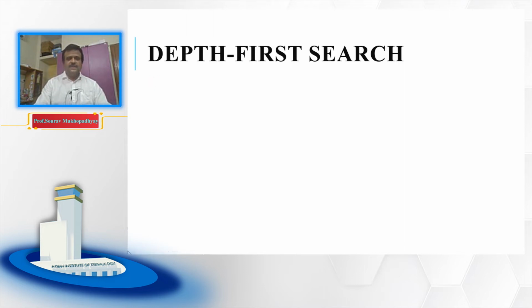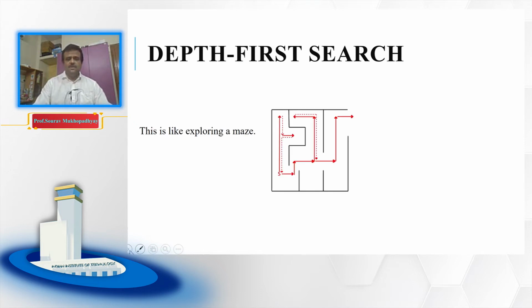The idea is like exploring a maze. We start from a position and follow the path until we get stuck, and once we are stuck, we backtrack, we come back to the previous position.